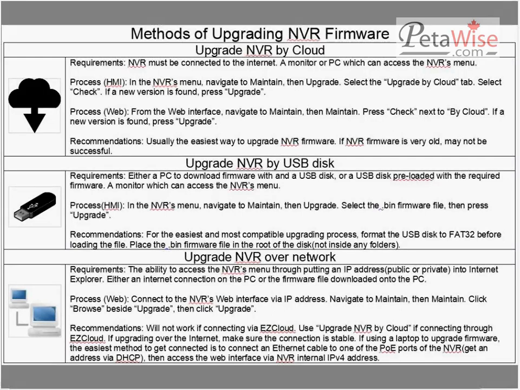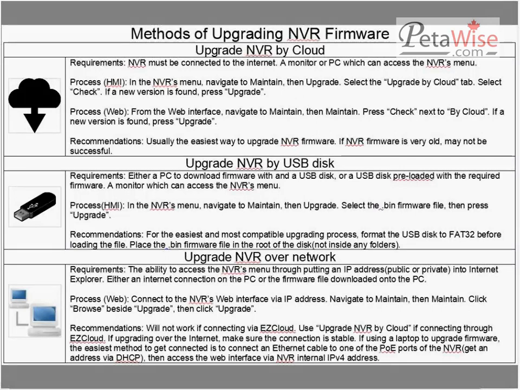The third way is, if you have a file stored on a computer and you access the NVR's web interface, you're able to just send the file from the computer to the NVR. This is actually usually the most stable way of upgrading the NVR. It doesn't require internet, but of course if you need to download the file, you're going to need internet.